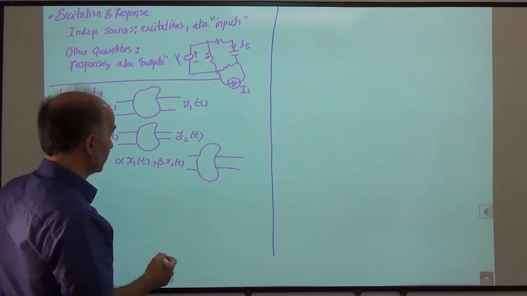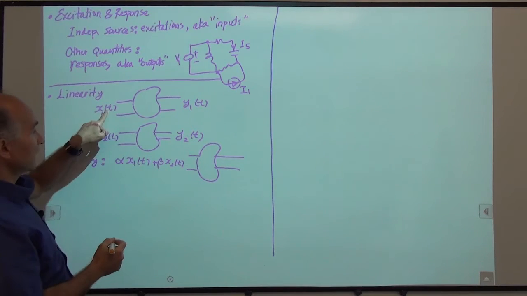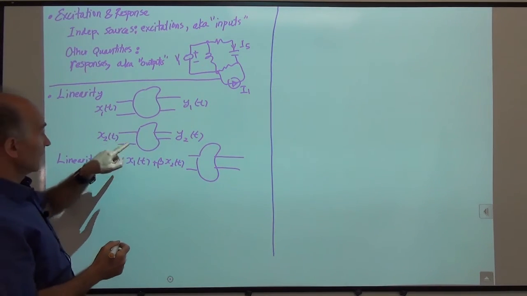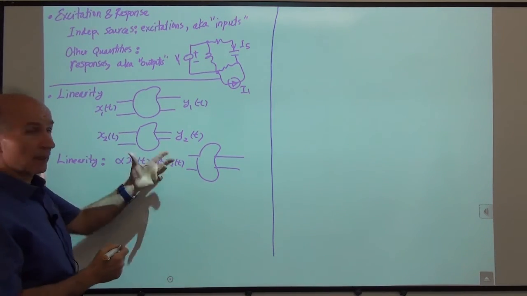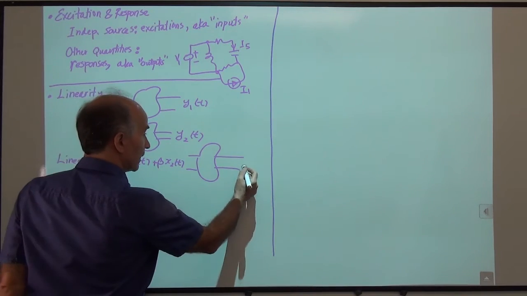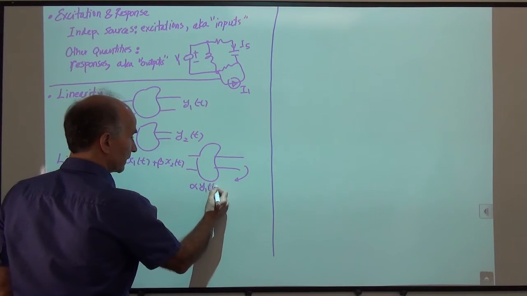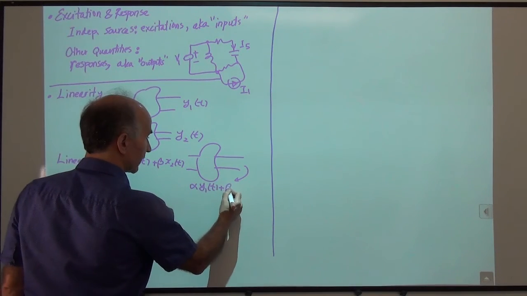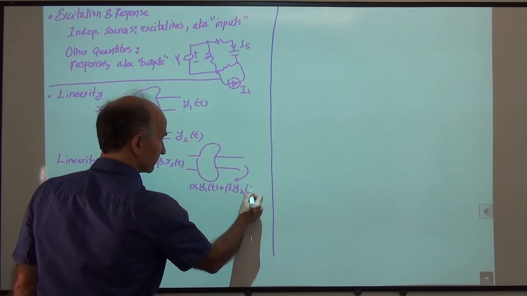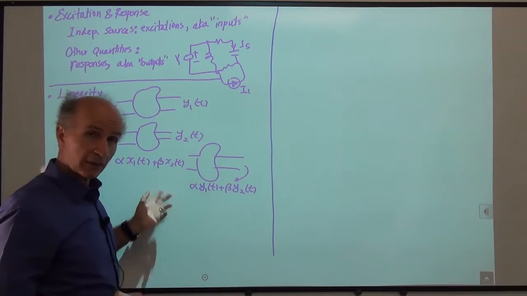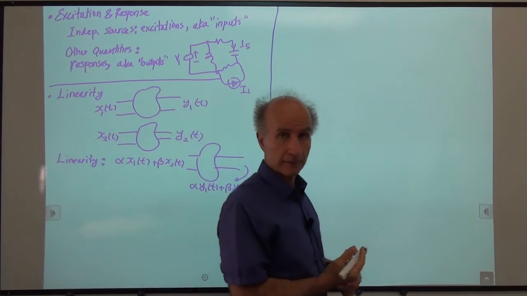So what I should see at the output is the response to this guy scaled by alpha, the response to this guy scaled by beta, and then added to each other. So here, what I should see is alpha y1 of t plus beta y2 of t. If this condition holds, we call the system linear.